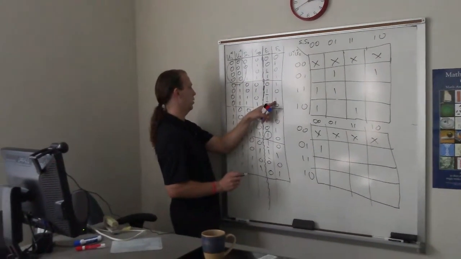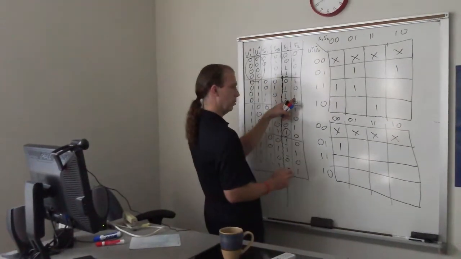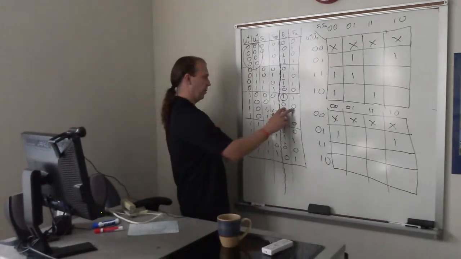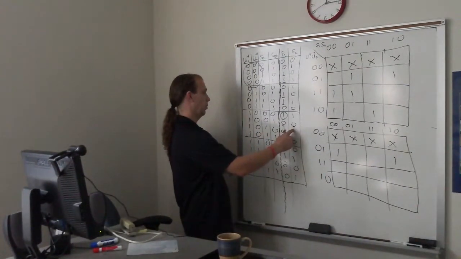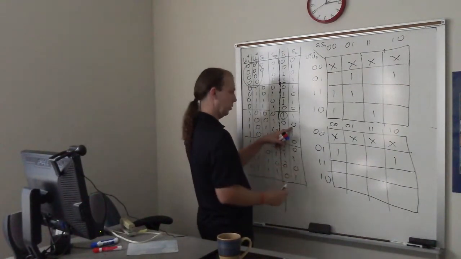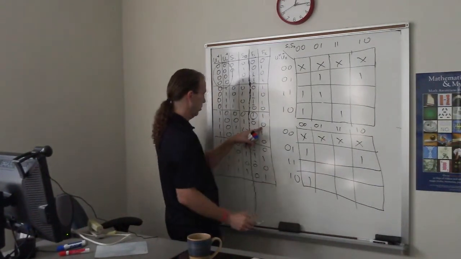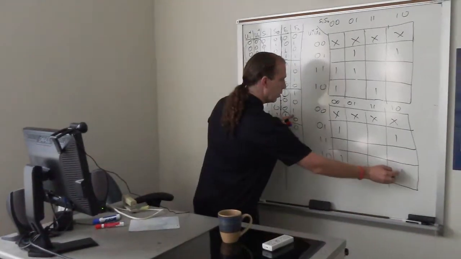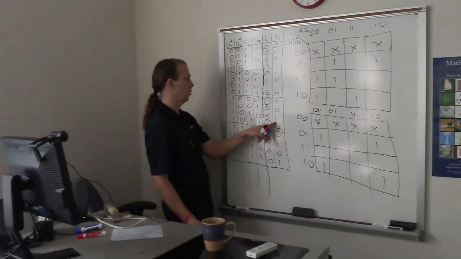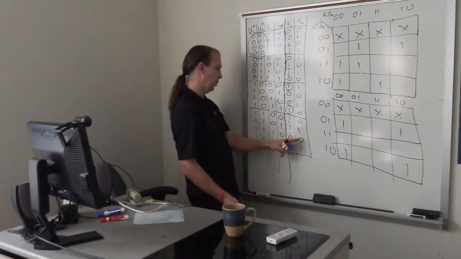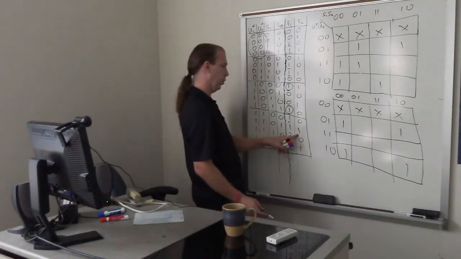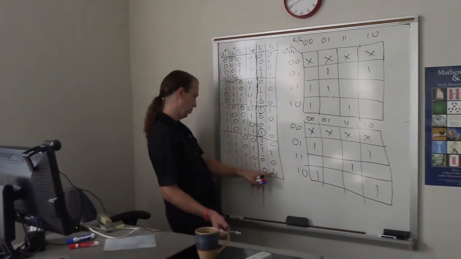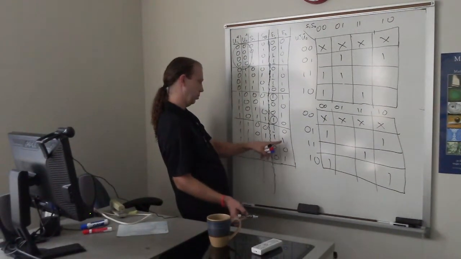And that one is 1, 0. For that part, it will be 0, 0 and 1, 0. And for this, it will be 1, 1 and 0, 1.